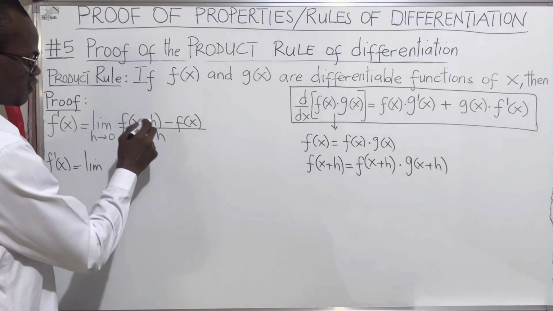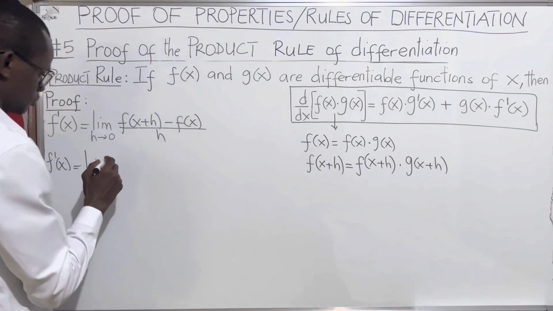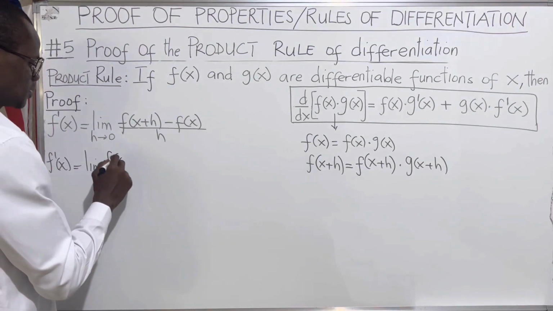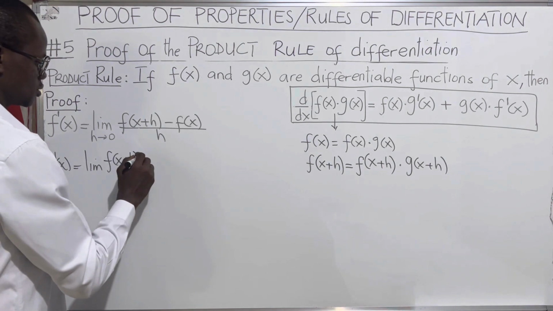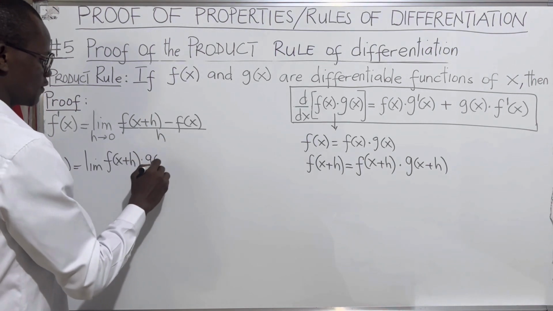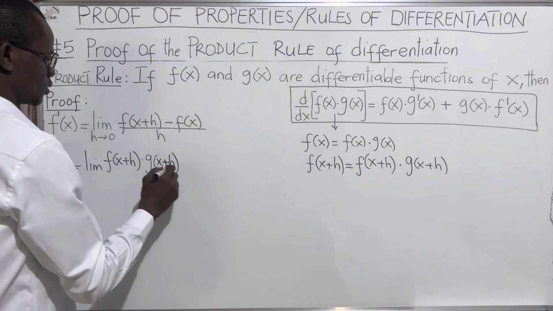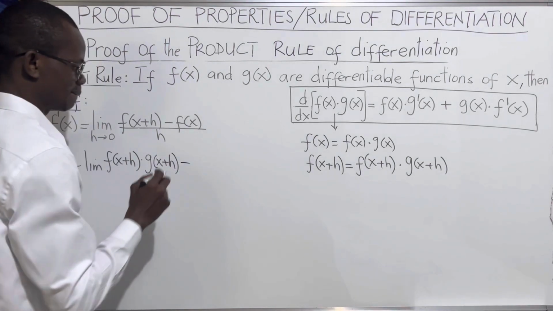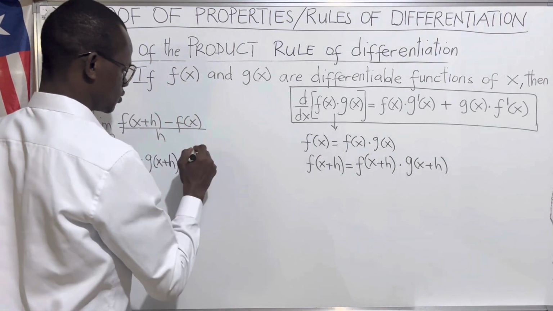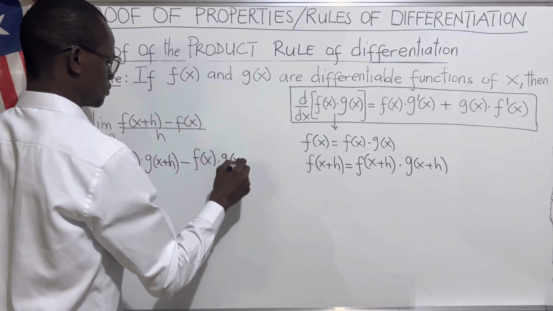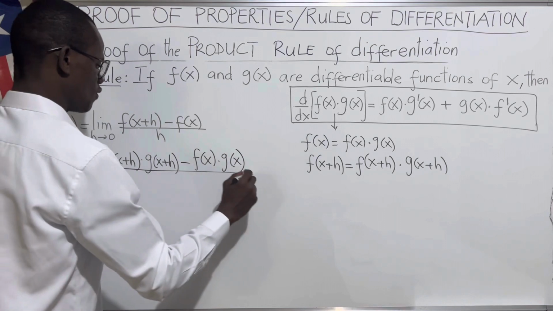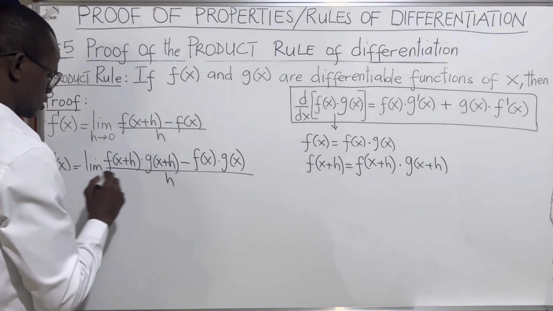Wherever we see f of x plus h, we write this one. So we have f of x plus h times g of x plus h minus f of x, which is just equal to f of x times g of x, all over h, as h is approaching 0.